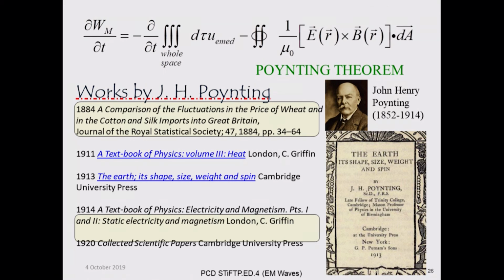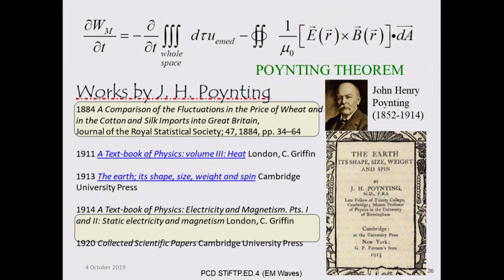So it is a conservation theorem, and the reason I mentioned that Poynting was a very interesting person is because look at his works. He wrote a textbook on physics, he wrote a textbook on the Earth, its shape, size, weight and spin. Amazing things. I mean, his contribution is to such diverse subjects.